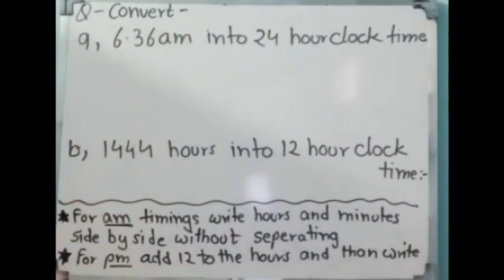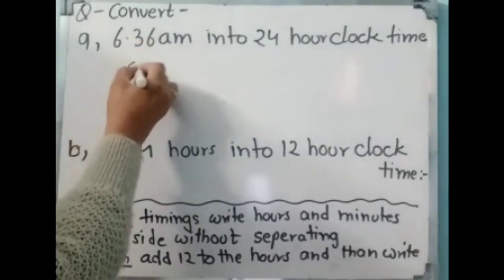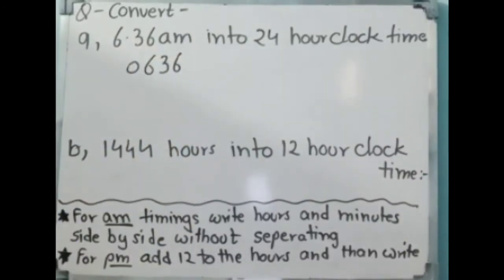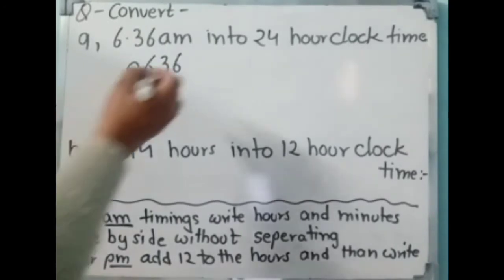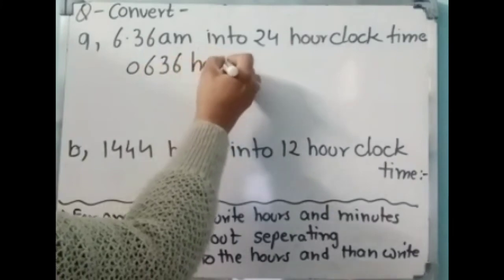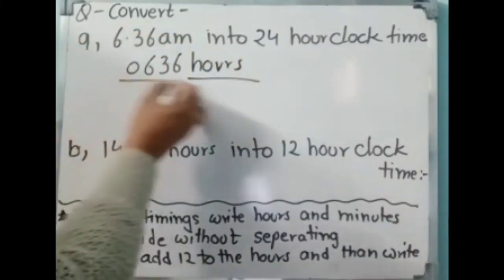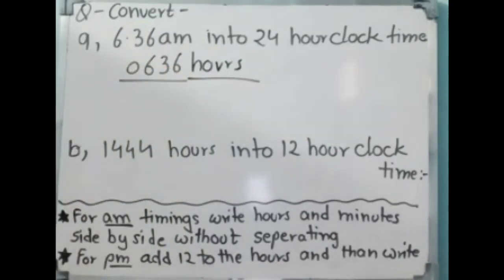AM means not to do anything in 24 hour clock. Just remove the dot and write this. This is the answer, that is 0636 hours. No need to do anything. Just remove this dot and put a 0 here to make it 24-hour clock time.